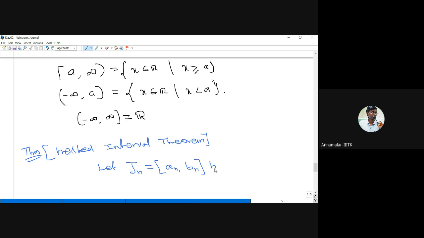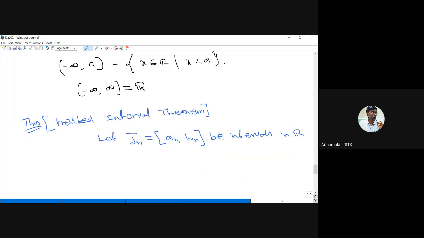So these are intervals in R, such that the intervals are decreasing. That is, Jn plus 1 is contained in Jn, such that this Jn plus 1 interval is contained in the Jn interval.